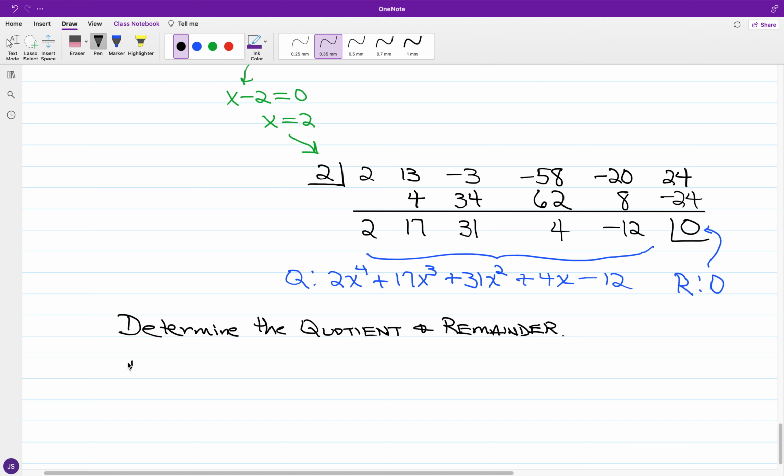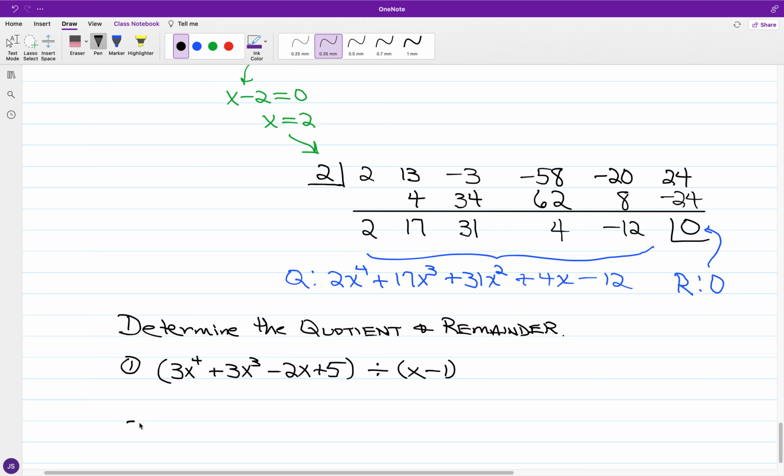Okay, whereupon we have x to the 4th plus 3x cubed minus 2x plus 5 is divided by the quantity of x minus 1.